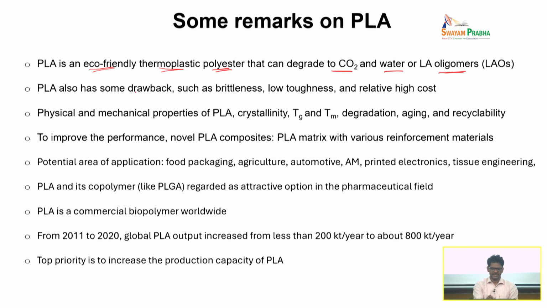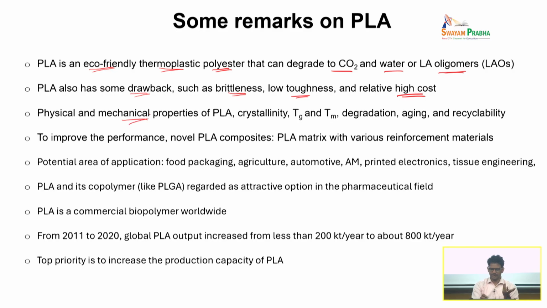There are some drawbacks of native polylactic acid, such as forming brittle films or brittle products, and it has very low toughness. That means it can absorb very little energy upon impact, and it could be quite costly in comparison with other petrochemical derived plastics. These are some of the existing drawbacks of PLA.